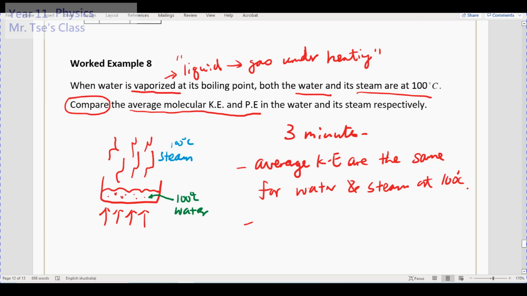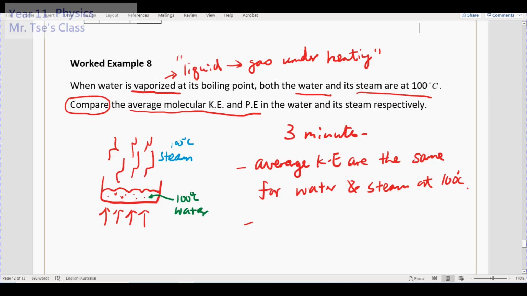Obviously gas molecules are further apart, and the attraction between them is smaller, so the forces become smaller. To overcome the forces, you must supply more energy to separate them apart.